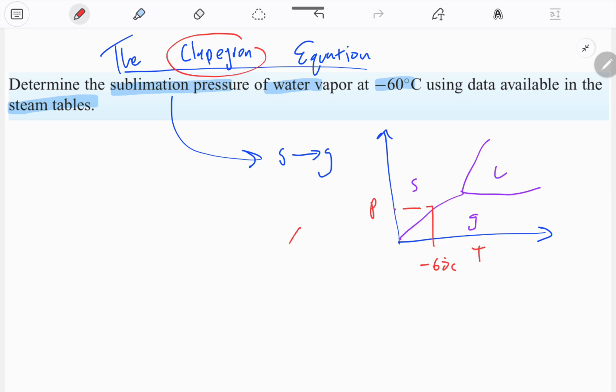You can take G as the same for solid and gas, and then say the slope is also the same. You can do dT, and from that you get the equation, 12.7 in your book. Let me write it here.